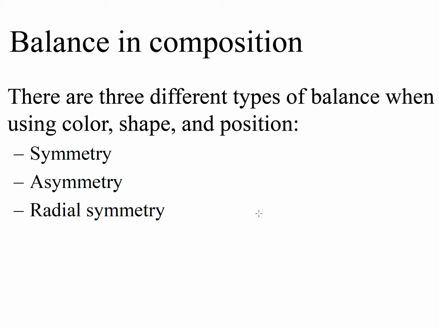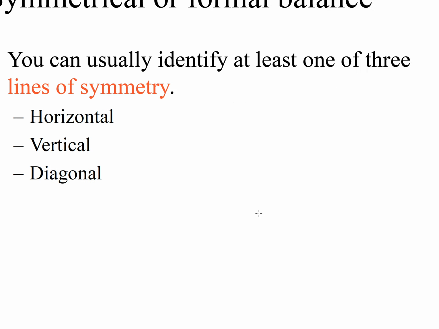So balance really is a compositional thing since it needs to have all of the elements involved. So usually there's three different types of balance. There's symmetry, asymmetry, and radial. So with symmetry, you could have horizontal symmetry, vertical symmetry, diagonal. I think we're all very familiar with things that are symmetrical.